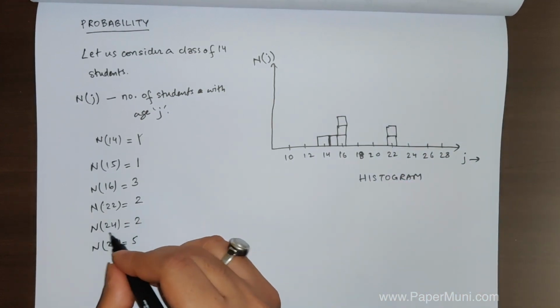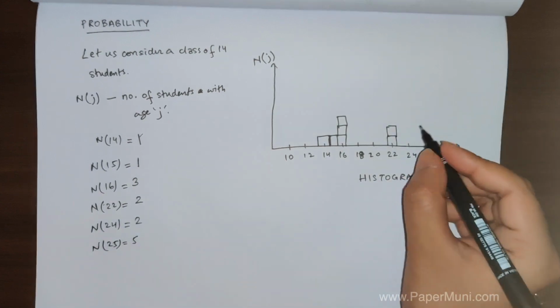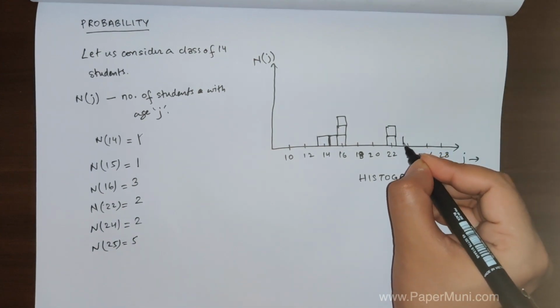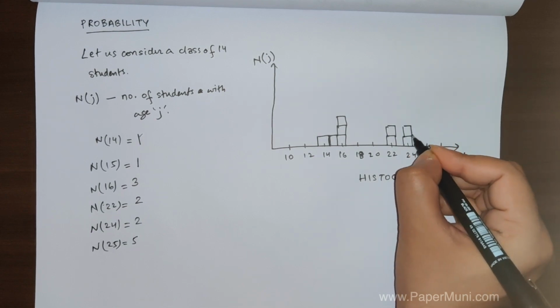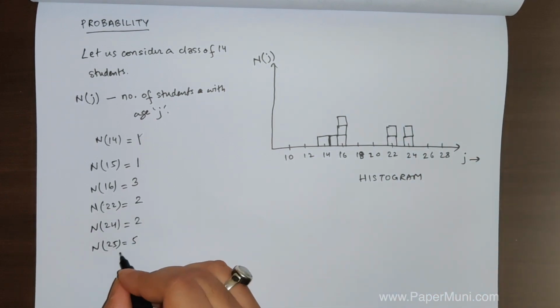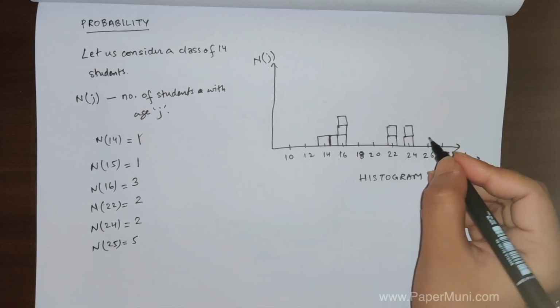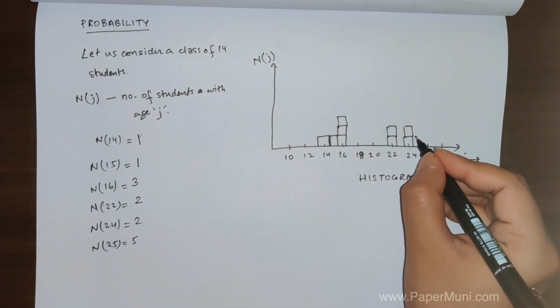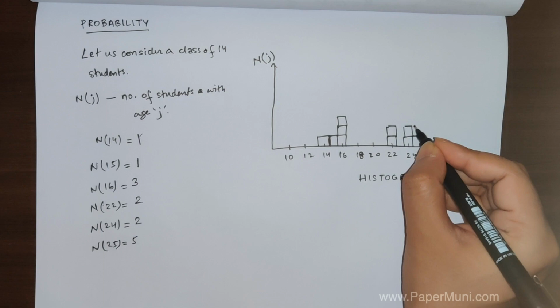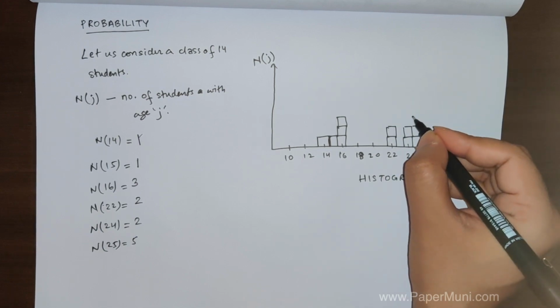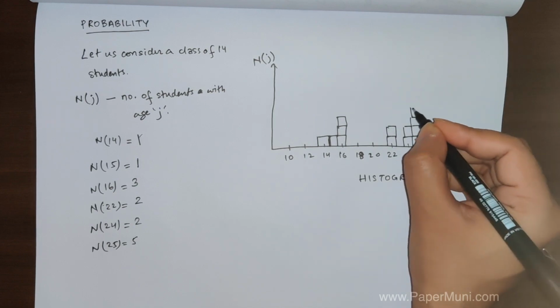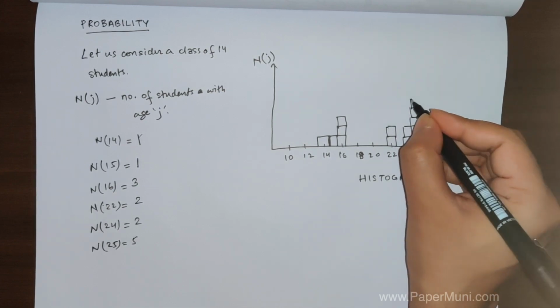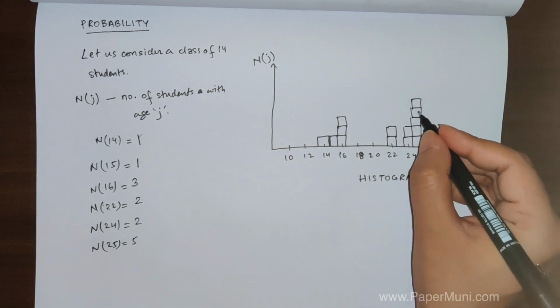For age 24, we have 2 boxes. For age 25, we have to draw 5 boxes: 1, 2, 3, 4, 5.